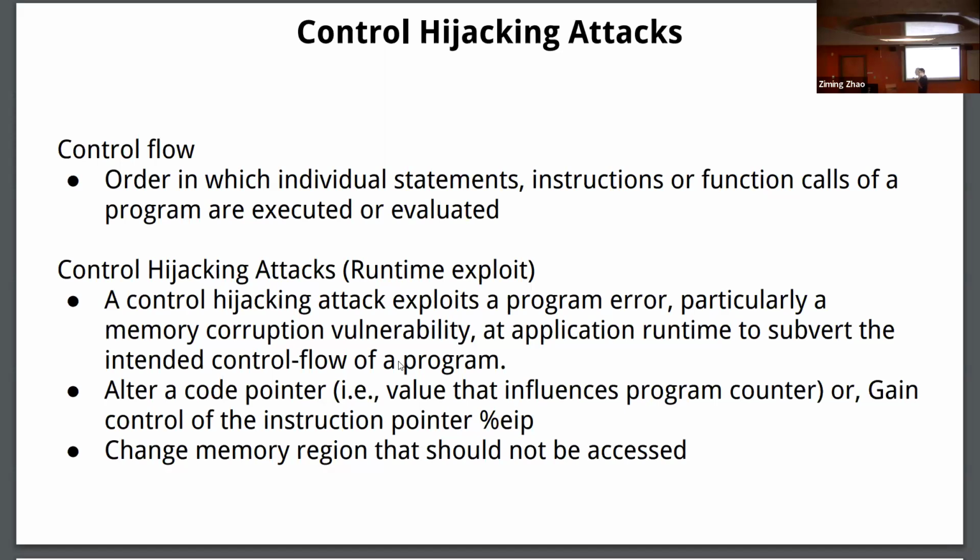And that code pointer is used later by the CPU, which means the CPU will resume execution at that place. And because of that, we hijacked the control flow. The CPU is not running what it was supposed to run. It is running some code we put there or running some code, even if we didn't put it there, but it's not supposed to be that kind of control flow. So that's why it's called control flow hijacking.